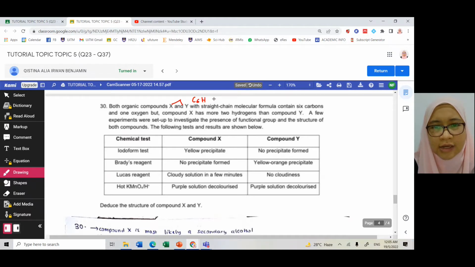Let's just put X, and 1 oxygen. But compound X has 2 more hydrogen than compound Y. That means compound X has extra 2 hydrogen compared to compound Y. So we have C6H6O.